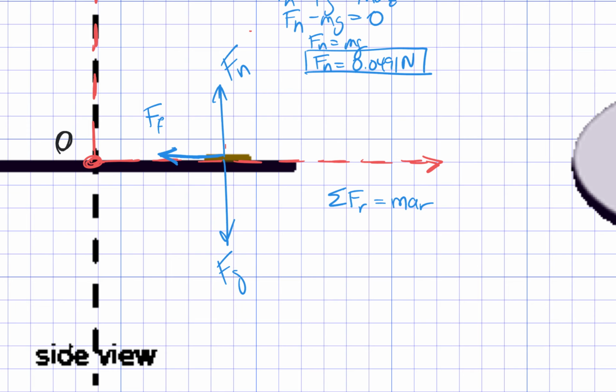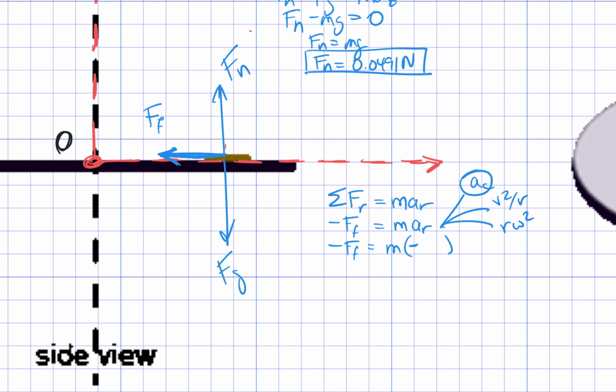The only force in the r direction is the force of friction, and it's going in the opposite direction of r, so it'll be negative force of friction equals, leaving that right-hand side alone for now, m a_r. So negative force of friction equals m times, in place of a sub r, a negative, because this thing is accelerating inwards, in the opposite direction of r. And I have a few choices here. I can either use a sub c, I can use r omega squared, or I can use v squared on r. At this point, I think I did already solve for a sub c.